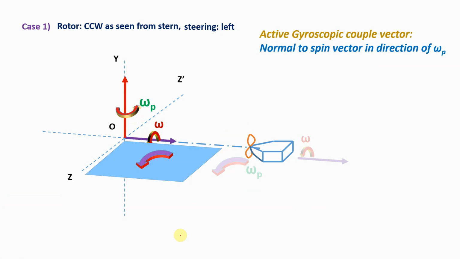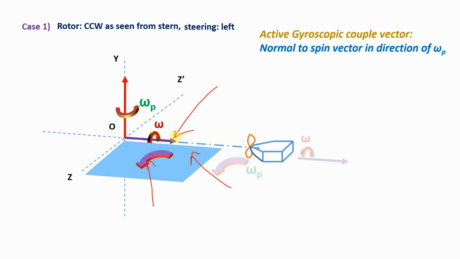To find out the active gyroscopic couple vector, we rotate the spin vector in precision plane in the direction of omega p by 90 degrees. That will give us the direction of active gyroscopic torque vector.